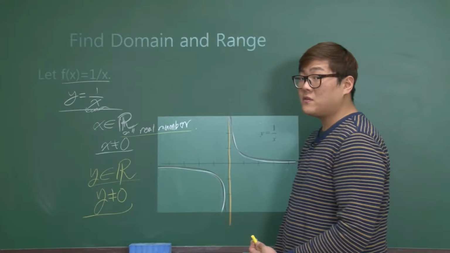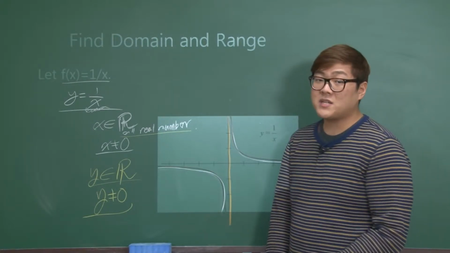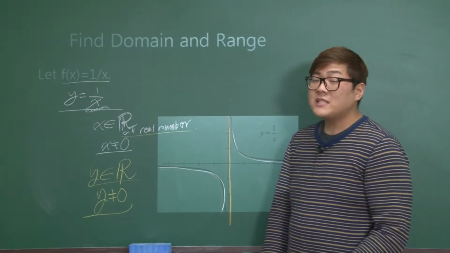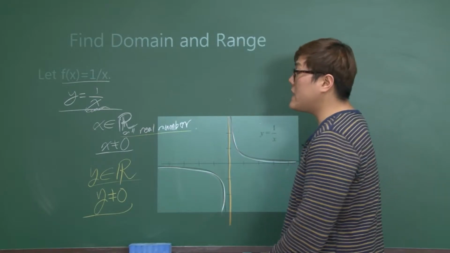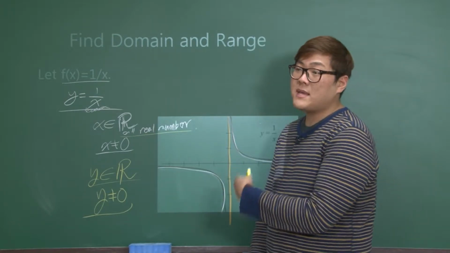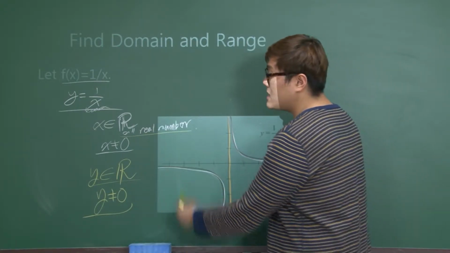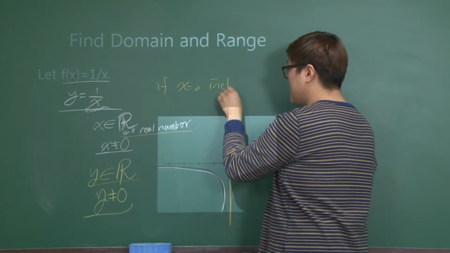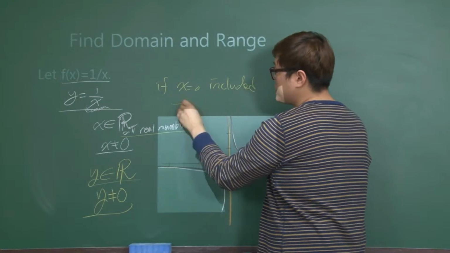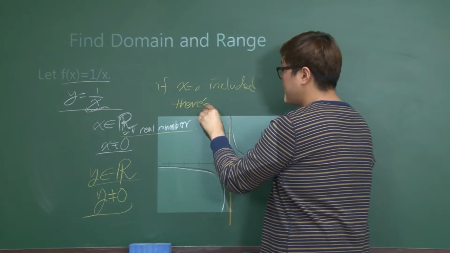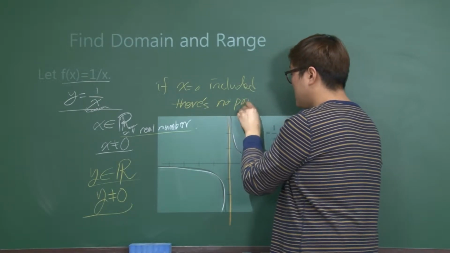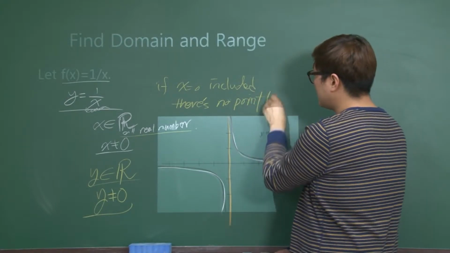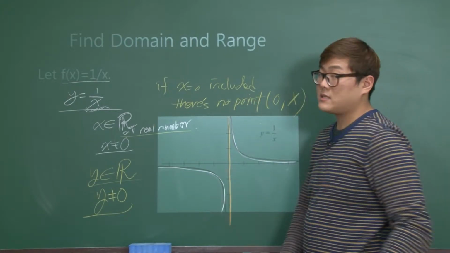So just be careful, the denominator cannot be 0, so we have to exclude it from the domain, because if we include x equals 0, that means this is not a function, because there's no point such as this.